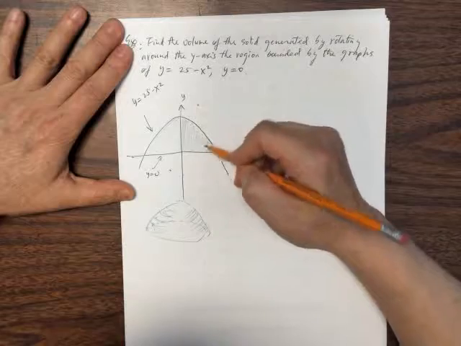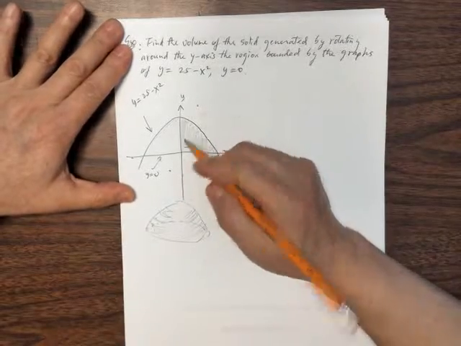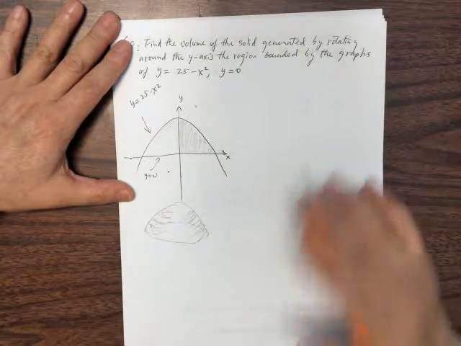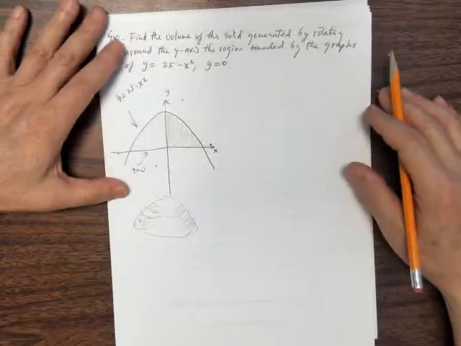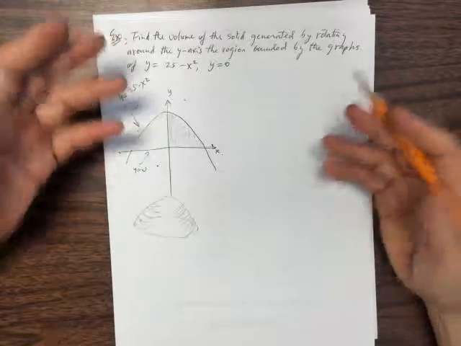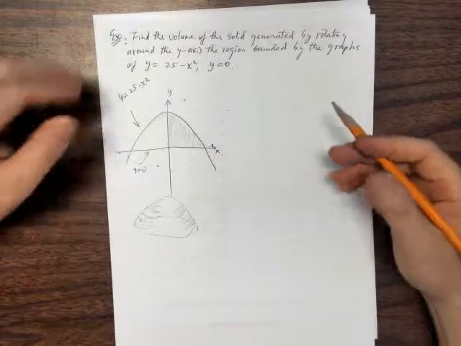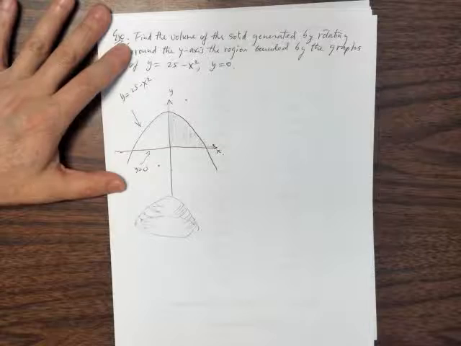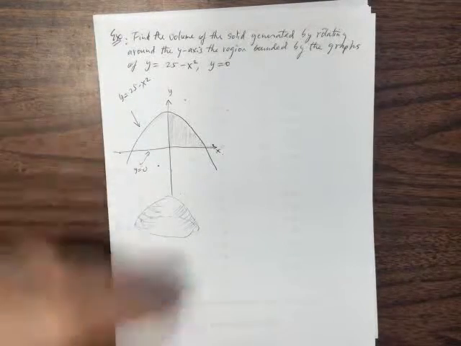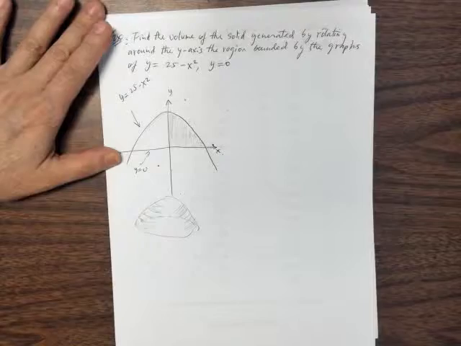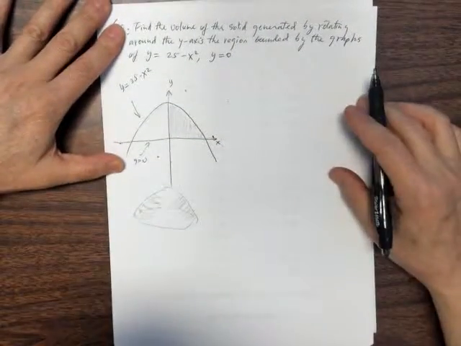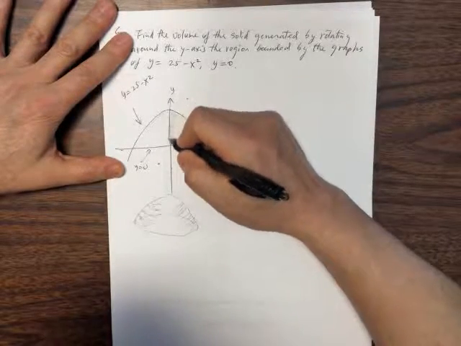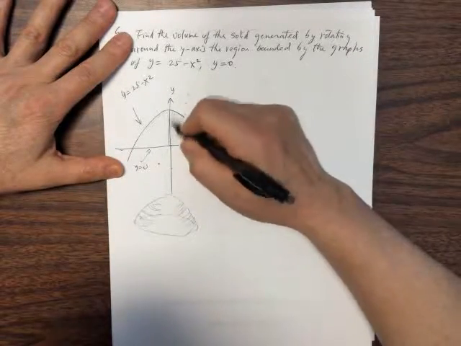So it's important to notice that only half of the region is actually required. If we use the whole thing to set up the integral, then we would get the wrong answer. We would get a double answer. So we would come up with two basically identical solids. That would give us double the volume. That would not be right. Okay, we'll talk about it later when we determine the limits to use, a to b. All right. Okay, so we decided to use only half of the region to do it.